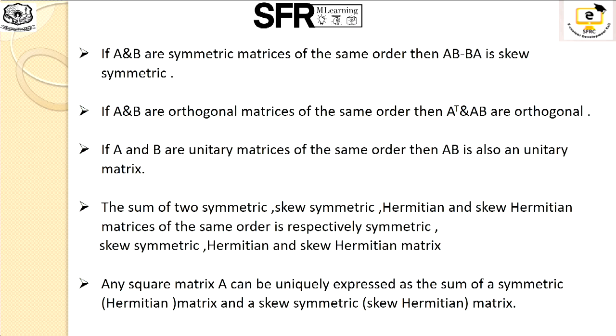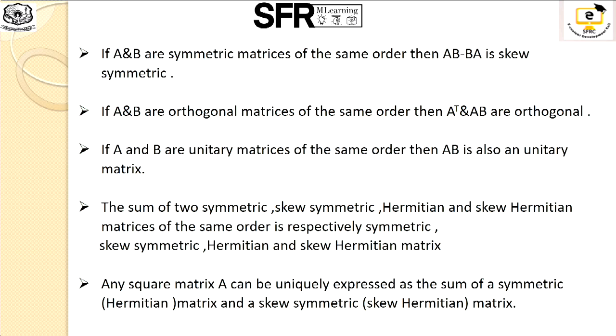If A and B are unitary matrices of the same order, then AB is also a unitary matrix. The sum of two symmetric, skew symmetric, Hermitian and skew Hermitian matrices of the same order is respectively a symmetric, skew symmetric, Hermitian and skew Hermitian matrix.